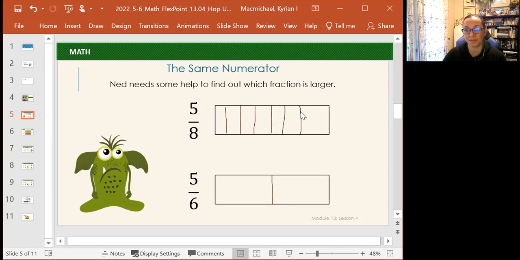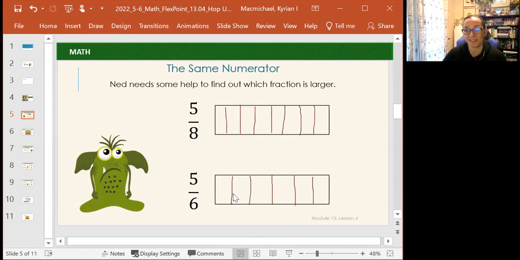And my lines aren't perfectly straight, but they're pretty close to being equal sized. For 6s, I know that half of 6 is 3. So I kind of have to anticipate where a space would be in the middle. And now I've got my fraction strips just about equal.